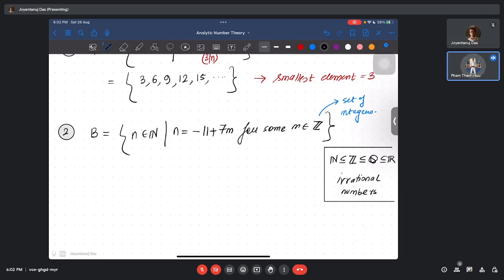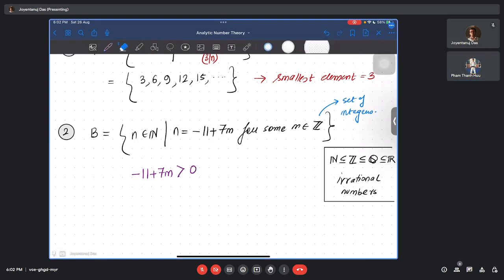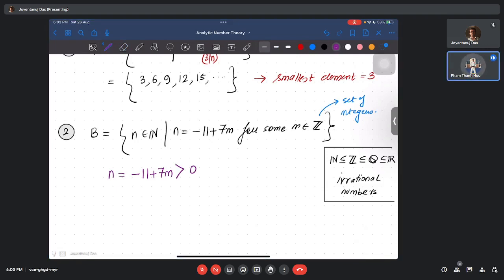So the condition here will be n greater than the tail divided by 7. This has to be strictly greater than zero, right? Not one, because n belongs to capital N, from one.